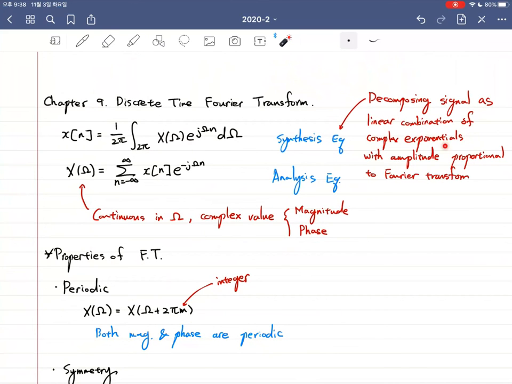So these complex exponentials have amplitude proportional to the Fourier transform. I say proportional because you have to divide by 2 pi and also multiply by d omega, right?